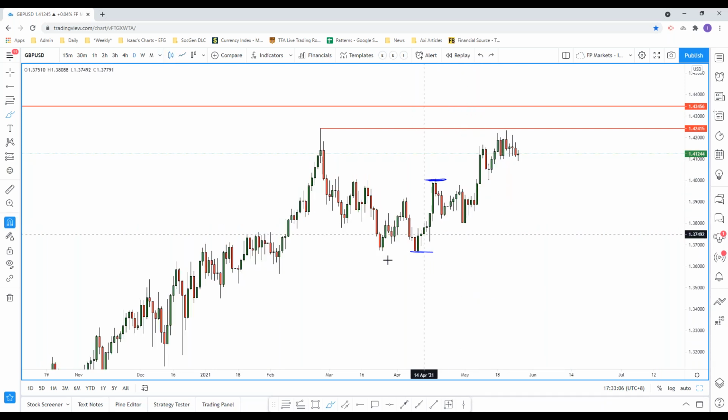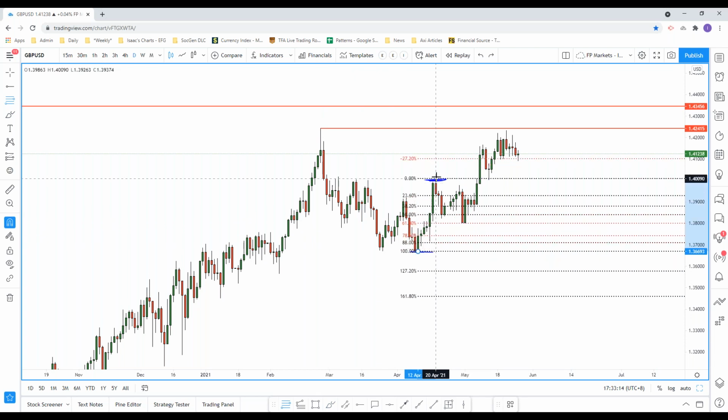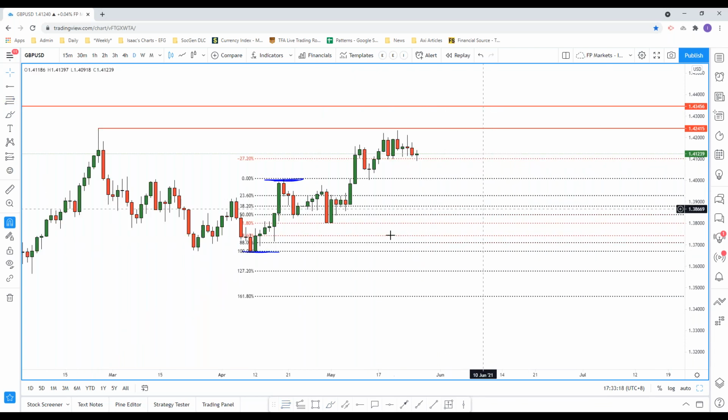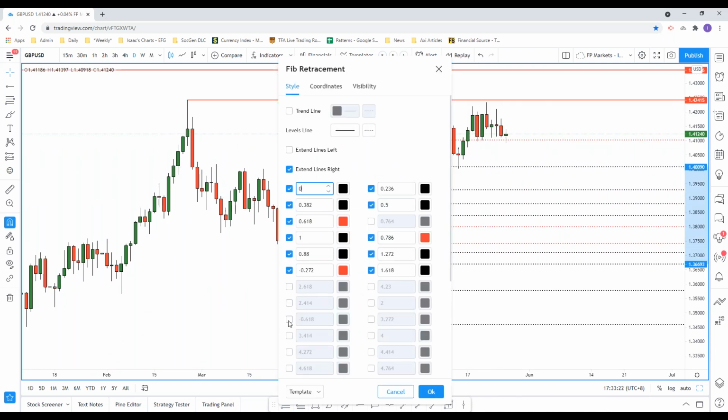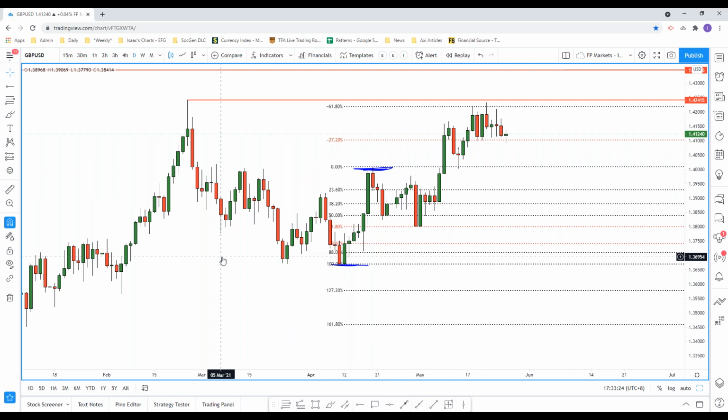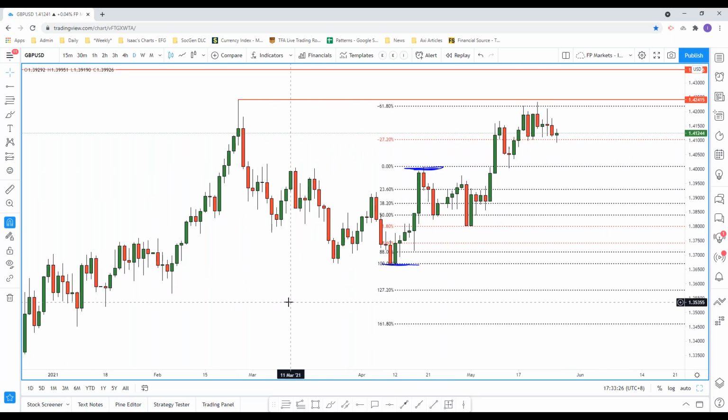So let me do a Fibonacci retracement. This price has pushed upwards, so I will draw Fibonacci retracement from low, push it higher to high. And look what happened. I'm going to zoom in a bit for you guys, and open up the negative 61.8. Look at that. Price has actually gone up.